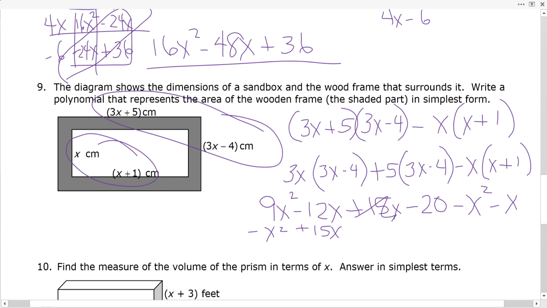So that was that one and that one. Oh, and I have another x over here, minus x. So when I'm finished, I have 8x squared. 15 minus 12 is 3, minus another one is 2, plus 2x minus 20.